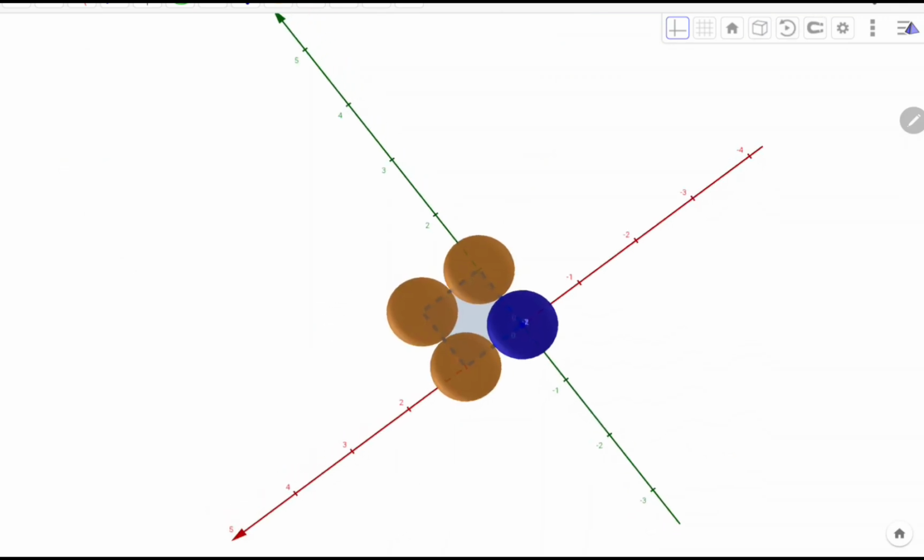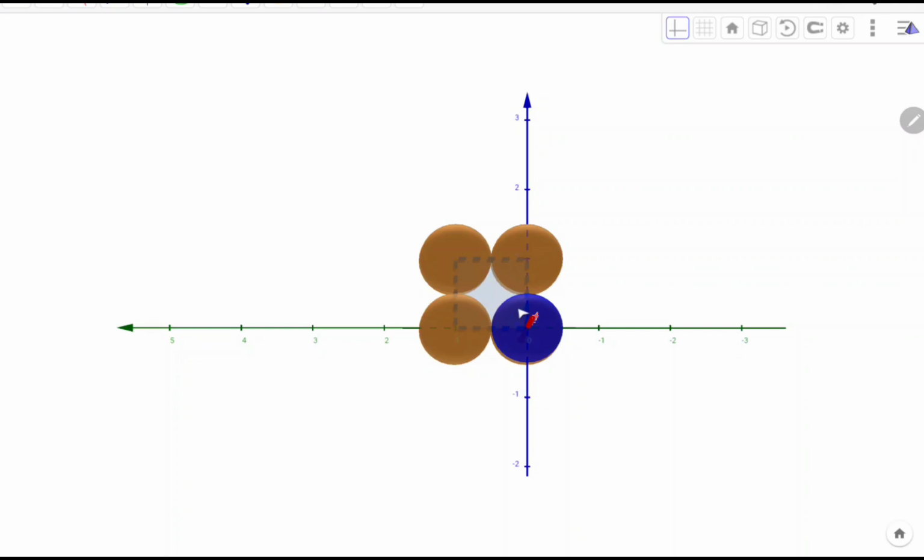Now let's find the relation between the radius and the distance a. As we can see here, this atom is in contact with this one, and with this one, and with this one, and this one as well.